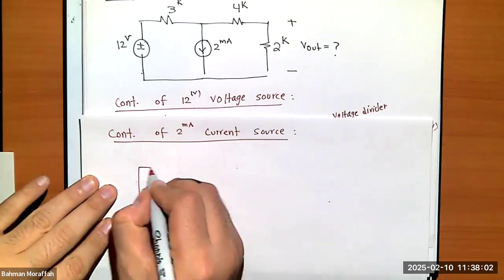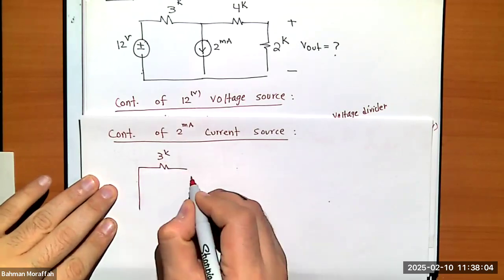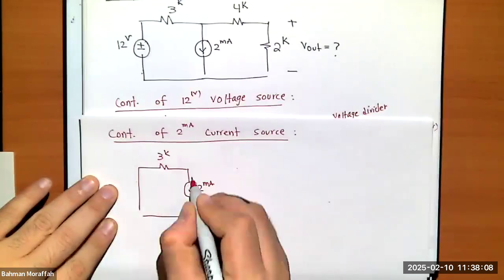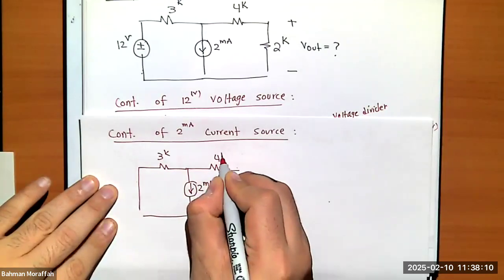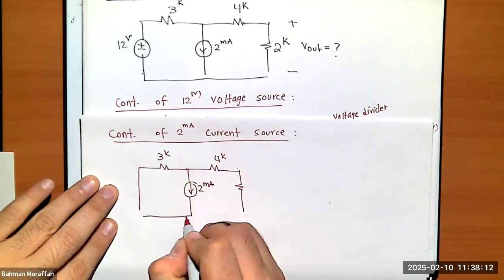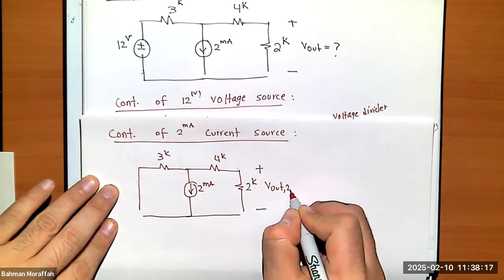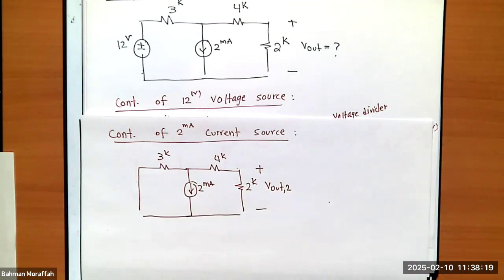I have a wire. I have a 3K. I have 2 milliamps. And I have a 4K. And I have a 2K. Let's call the voltage across this V out. Right?